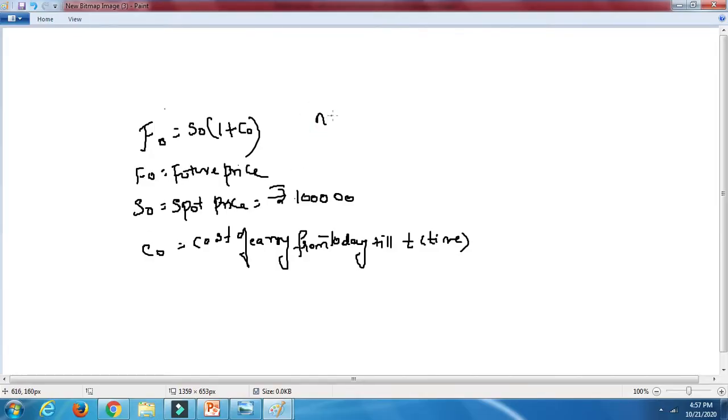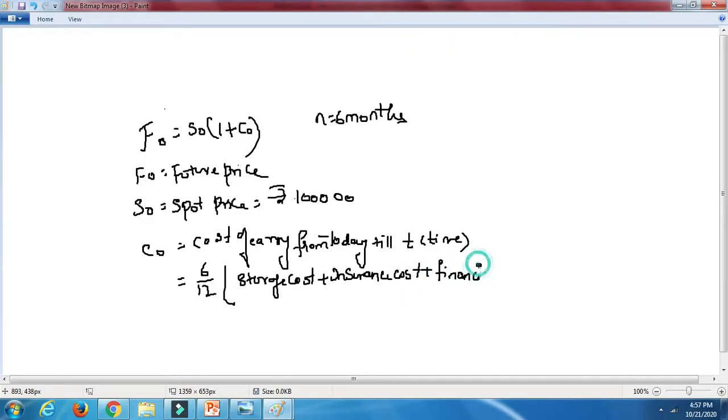So you need to do 6 by 12, that is the number of months in a year, into storage cost, which is given in the question, plus insurance cost, plus financing cost, plus transportation cost.